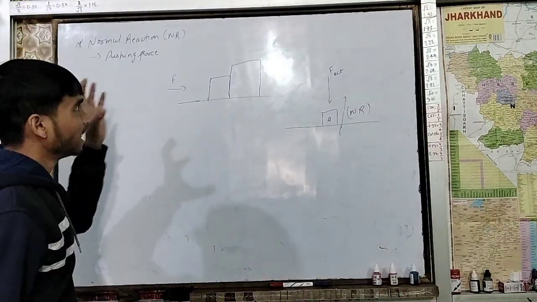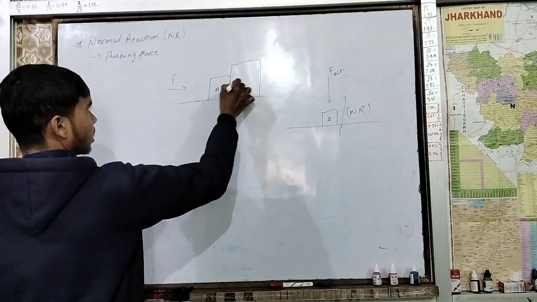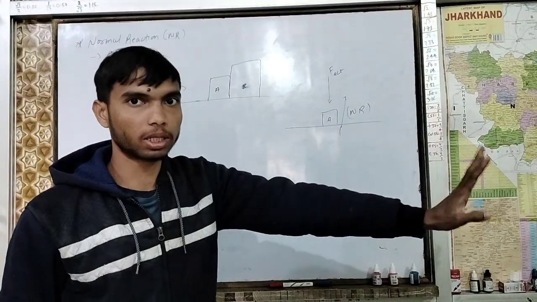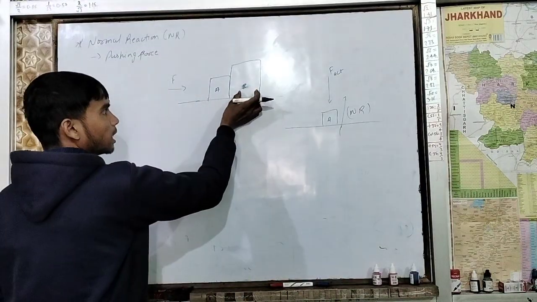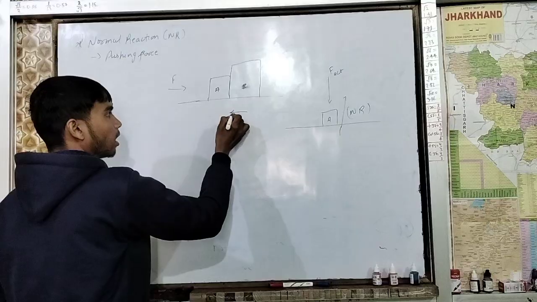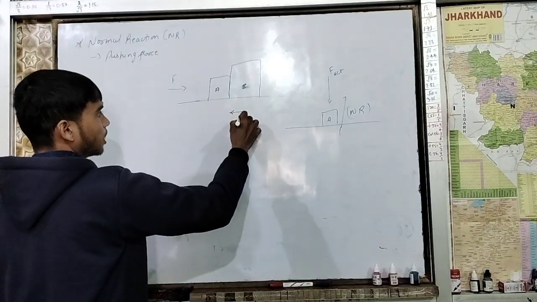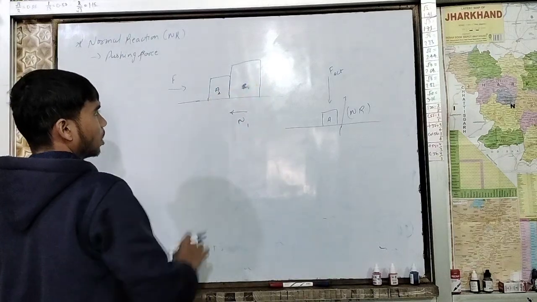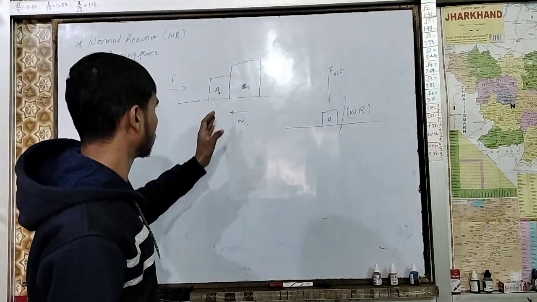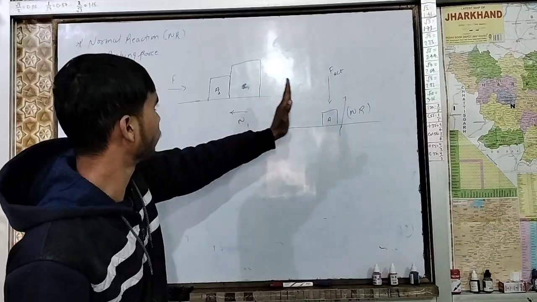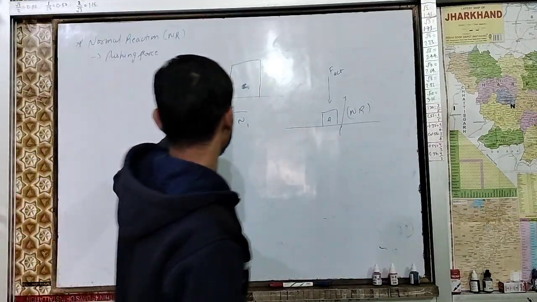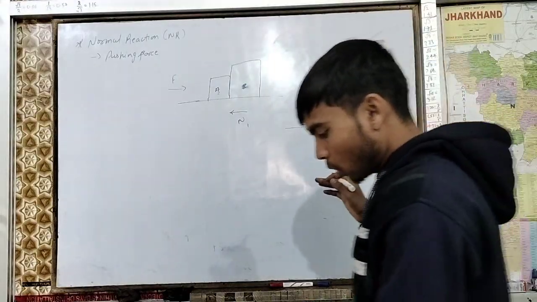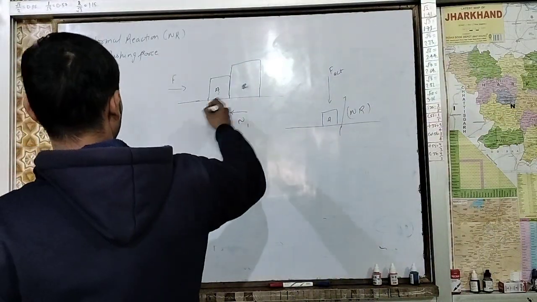Let's say this is A and this is B. When object A hits object B, what will happen? This B object will give a reaction, which will be on A. This B will push the A object. This is what will happen.